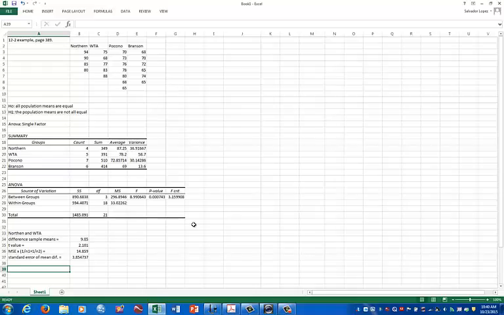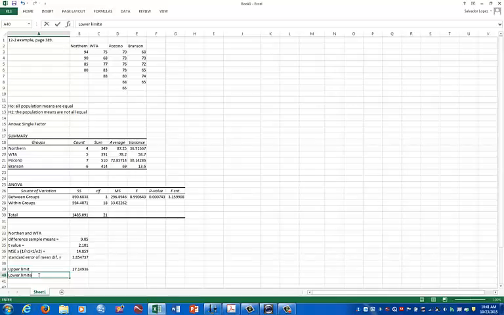So we can now have an upper limit for our confidence interval, and the upper limit will be equal to the difference, which is 9.05. Let me just type the numbers, plus the t-value 2.101, times the square root, 85.5, and that'll be the upper limit.